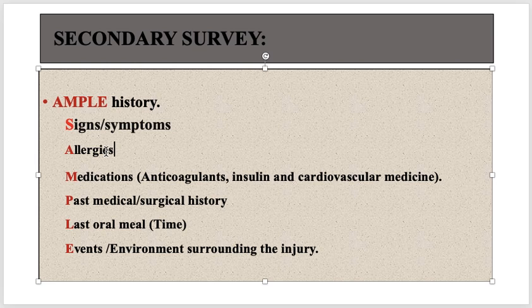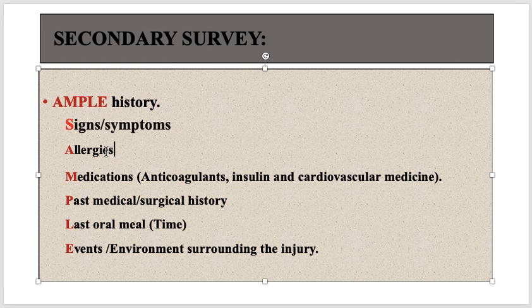So in the secondary survey, we take this history, and then we go from head to toe. We examine the patient from head to toe. Because in the primary survey we deal with all the things which can kill the patient, or by which the patient can die.